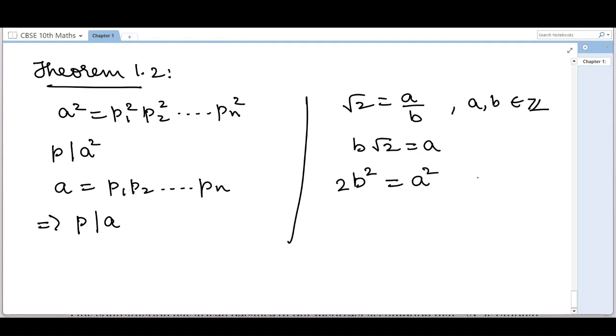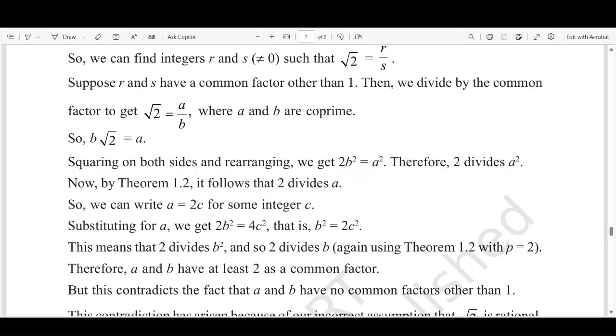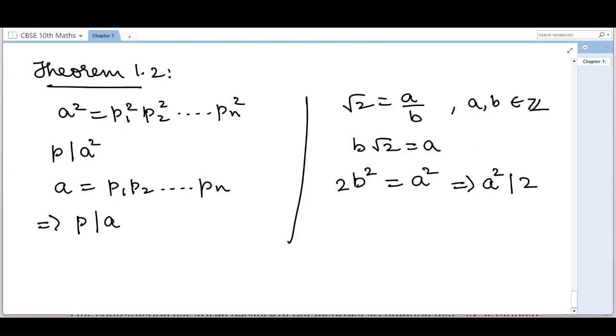So from this we can conclude that a square is divisible by 2, right? So 2 is one of the prime factors for a square, right?